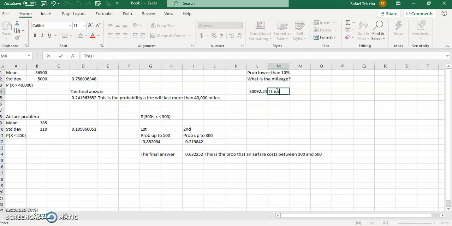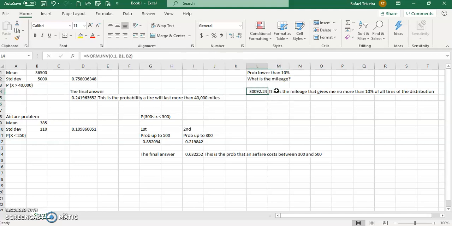So this is the mileage that gives me no more than 10% of all tires of the distribution.